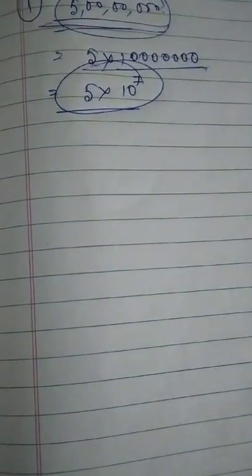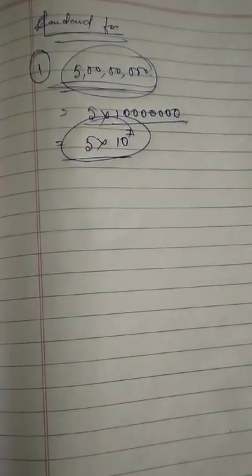So 5 into 1 crore will be expressed in the form of 10 to the power 7. 5 into 10 to the power 7 is the standard form of 5 crore.